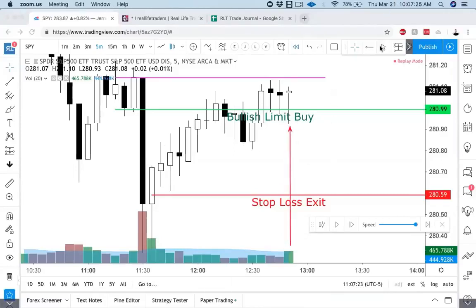I still have a hard stop exactly where I told you all it was, 280.59, so my hard stop is still down there. But now I have a mental stop below this candle, because if we break the low of that increasing bullish volume, I mean, that is as much volume as you could possibly ask for.